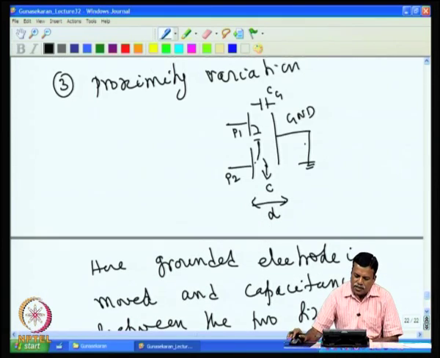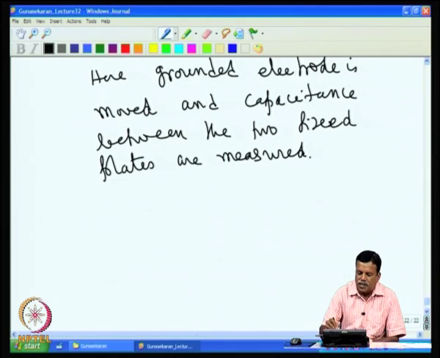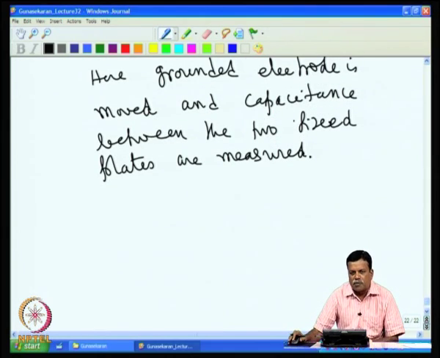So, essentially we can measure the displacement either by the area variation method, the space variation method, or using the proximity effect.